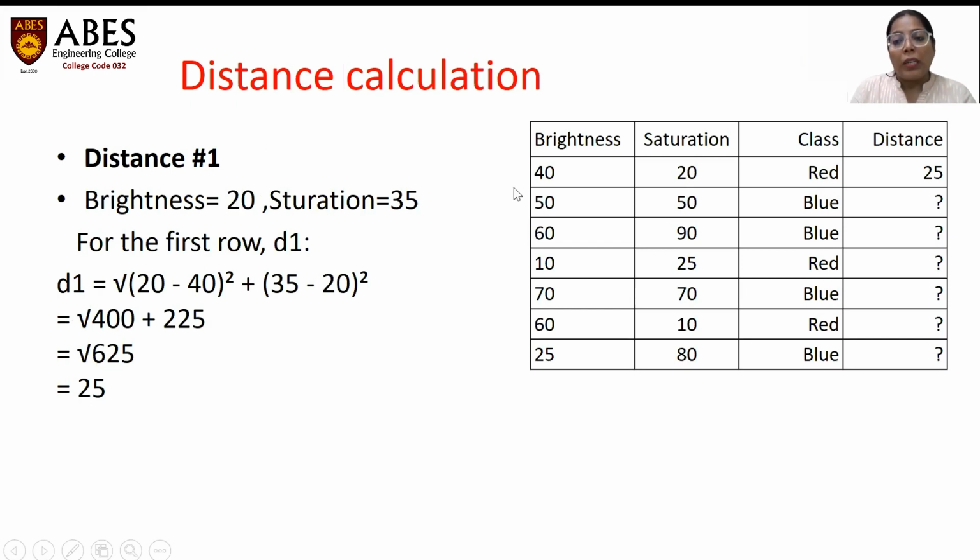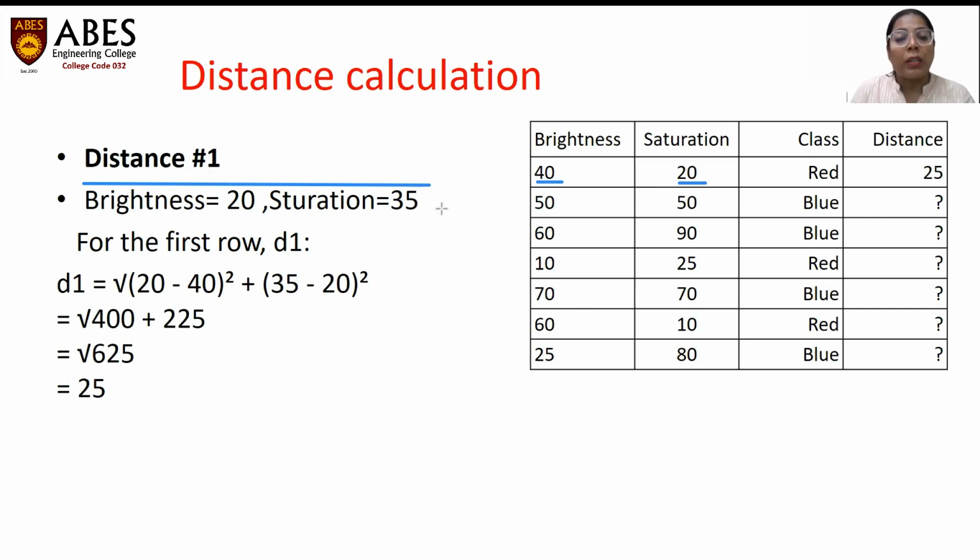Now we will find the distance for each data point. For example, the first available data is brightness 40 and saturation 20, and the data for which we need to predict is brightness 20 and saturation 35.